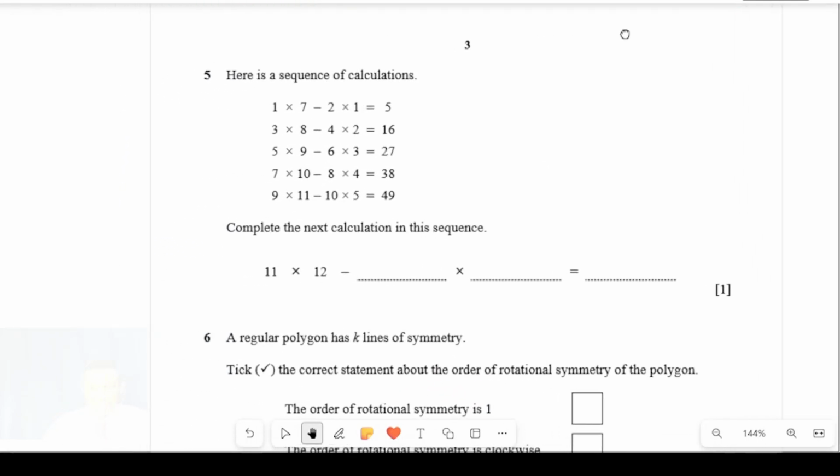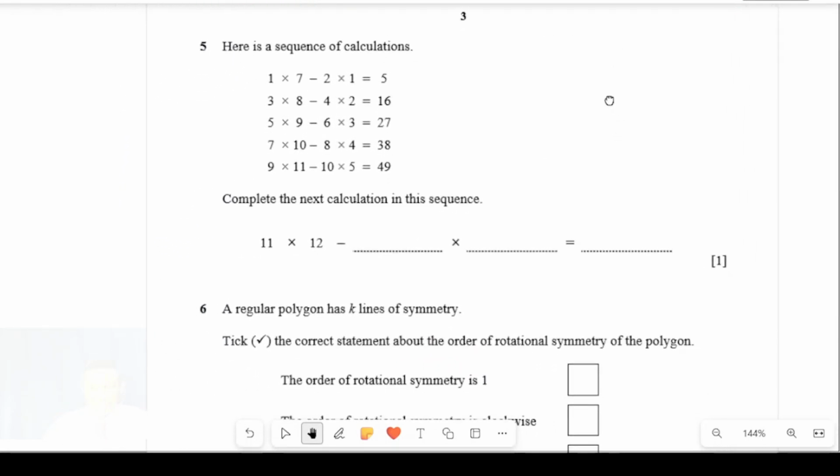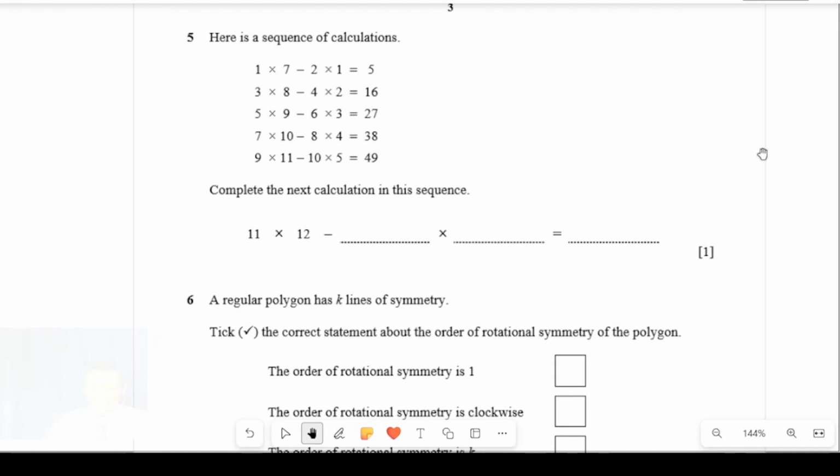Then the next, let's look at question number 5. Has to look at what? Term to term. This is on a sequence calculation.